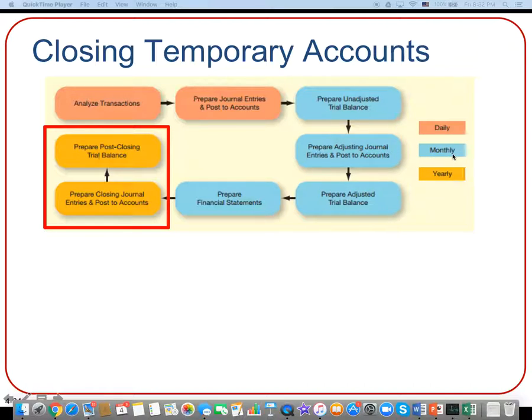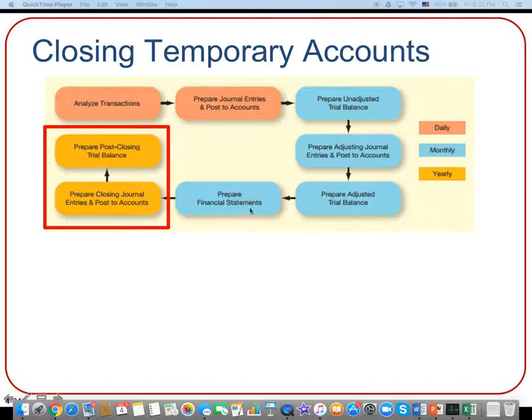The blue sign means you do it monthly. The orange sign means these are daily, because these are the daily journal entries, right? So the blue signs, you do it every month. And then you prepare the adjusted trial balance. After the adjusted trial balance, you prepare the financial statements.